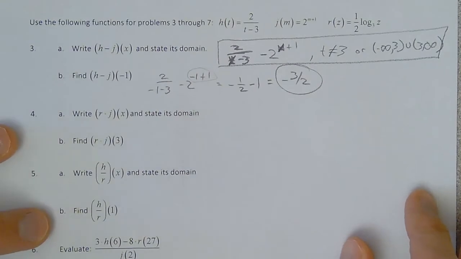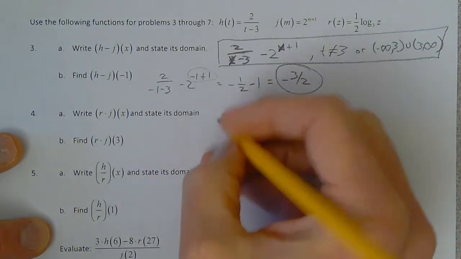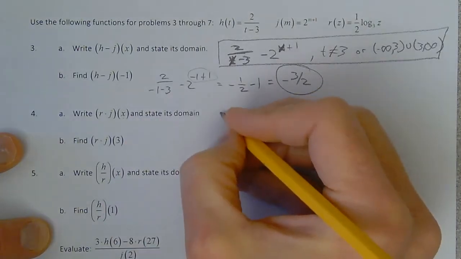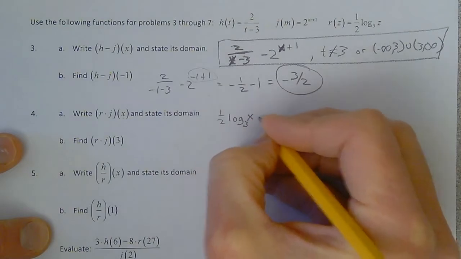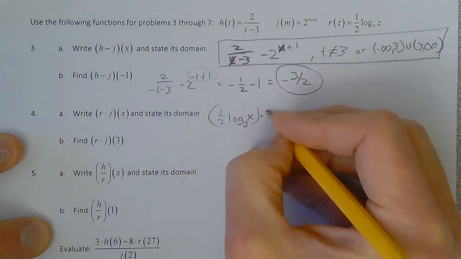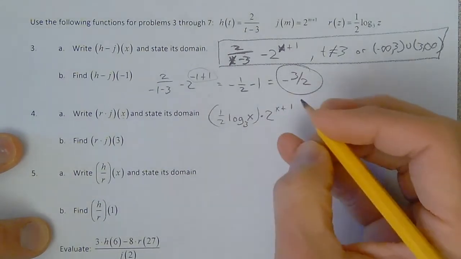All right, write r times j of x and state its domain. So using the x again, the r is 1/2 log base 3 of x times j, which is 2 to the x plus 1. Okay.